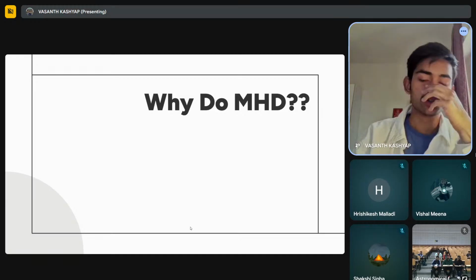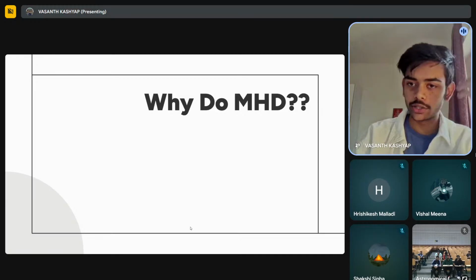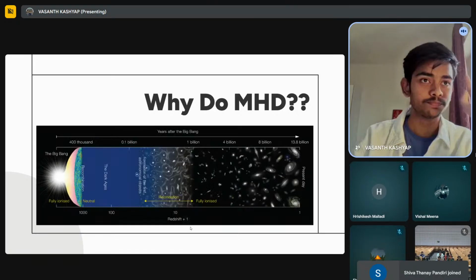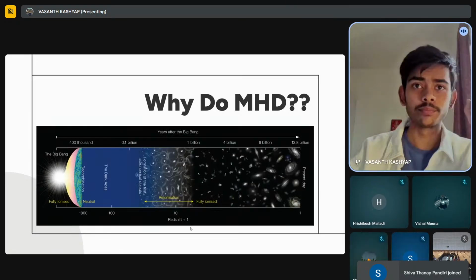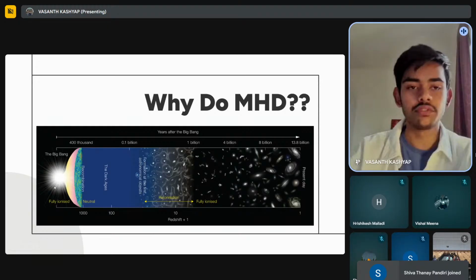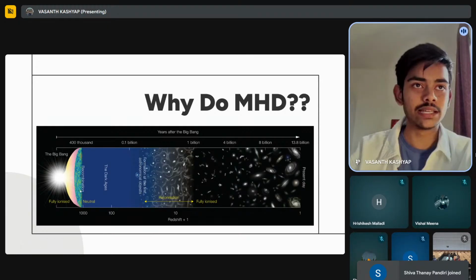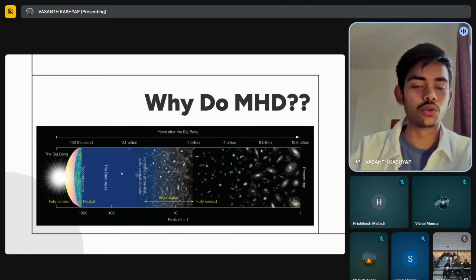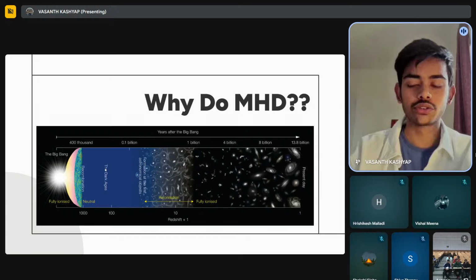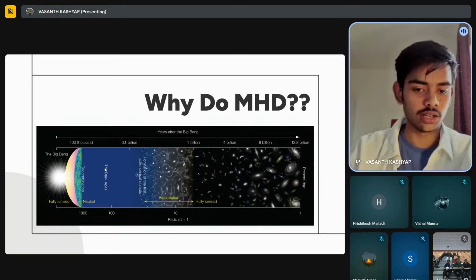Okay, so now let me get to magnetohydrodynamics. Okay, why is that important? So you might have already seen this image, which is we start with a big bang, then there is the CMB, and then there are no stars, so the universe is very dark. And then here, basically after recombination, we have mostly neutral hydrogen, that is hydrogen in its atomic state. Okay.